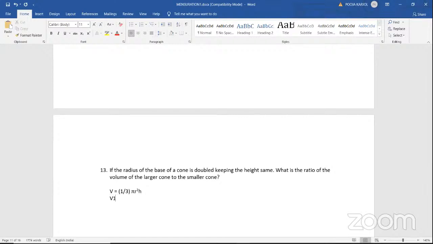Okay, so V1 is to V2, where V1 is the larger cone and its radius is double. So in V2, if the radius is R, in V1 it is 2R.